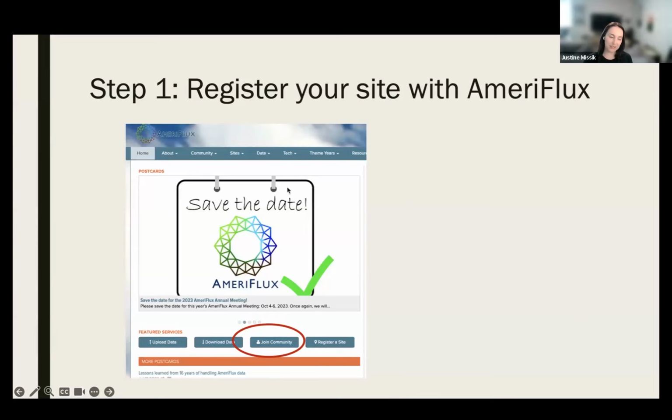If you go to the home page of AmeriFlux's website, there's a button that you can use to register a site. You just need to provide some basic information about your site, and then the AmeriFlux team will go through any potential things that need to be dealt with.